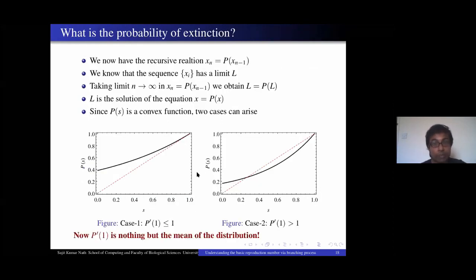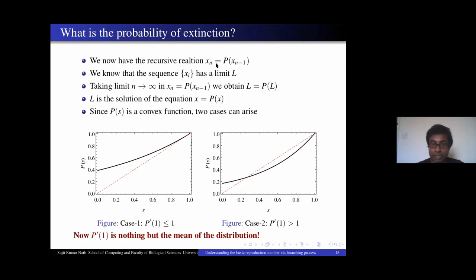Now how to calculate it? How to calculate the probability of extinction? We have seen that the extinction probability x_n satisfies this recursive relation: the extinction probability at the nth generation is equal to the generating function evaluated at the extinction probability at the (n-1)th generation.